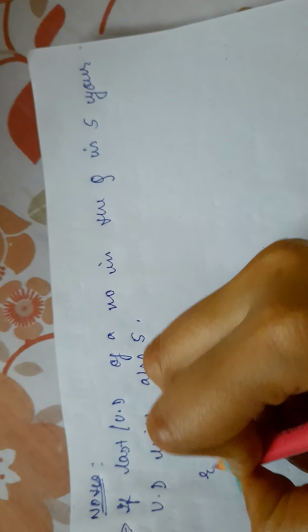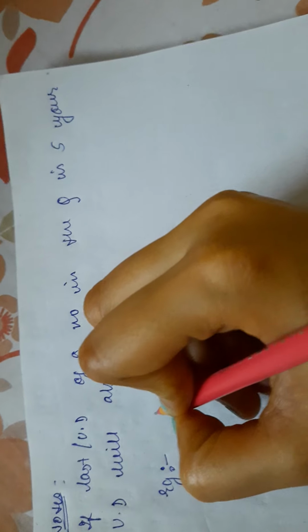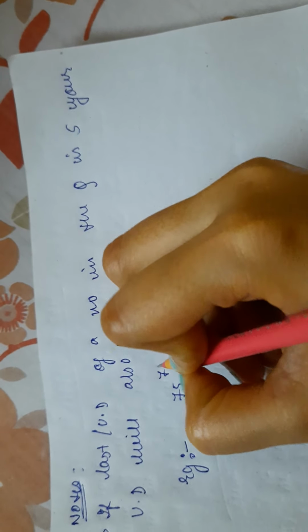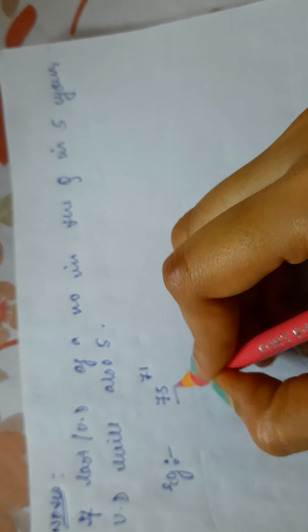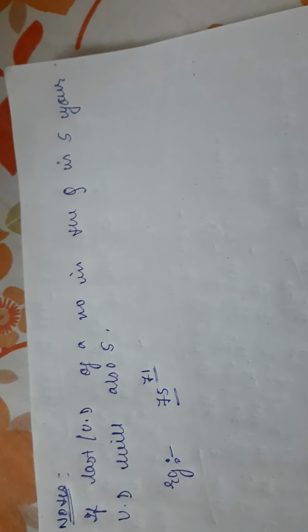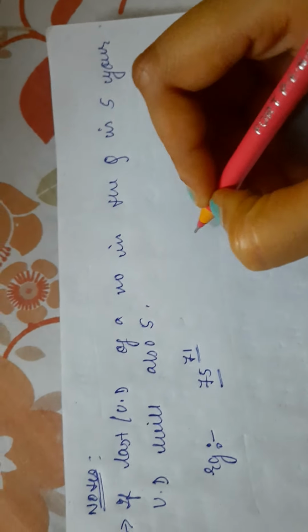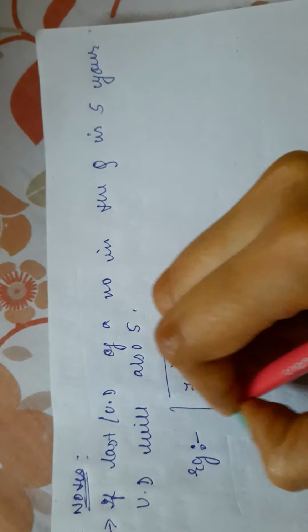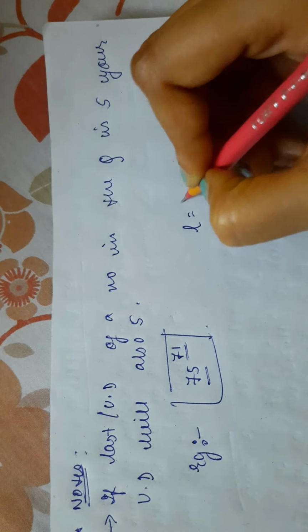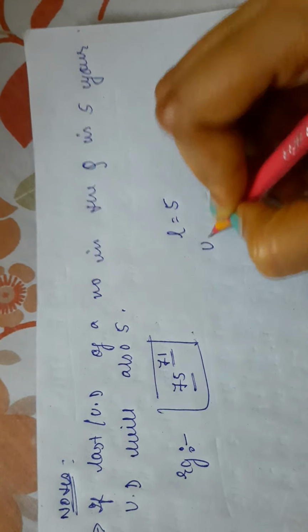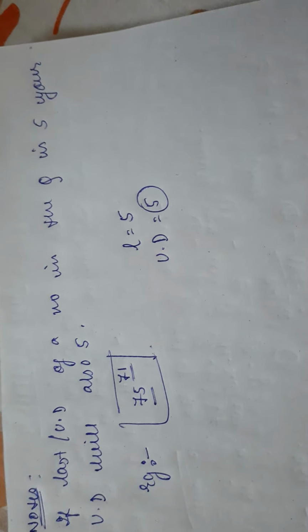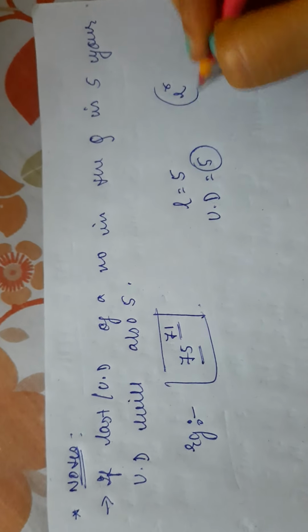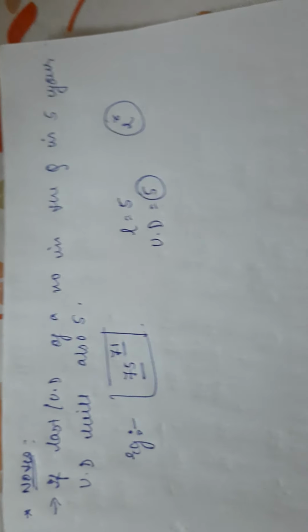What does this mean? For example, if the question is 75 to the power 71, what will be the last digit of 75 to the power 71? You have to find out the unit digit or last digit. When you see that your L is 5, your unit digit will also be 5. You don't need to do any calculation. You don't need to go through L to the power R, those formulas and cyclicity and all.